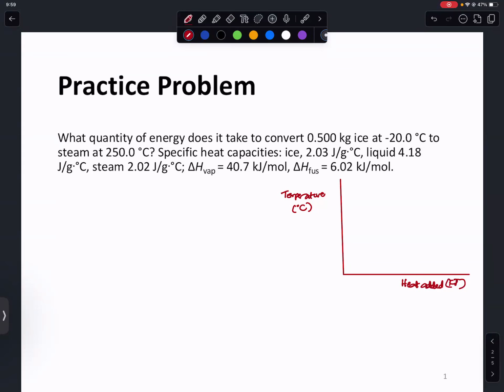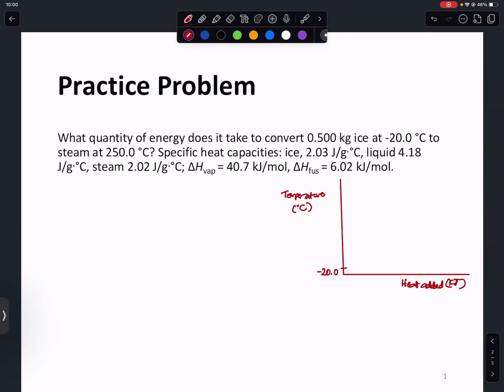Okay. And in this case, it says I am starting from negative 20. So, of course, this is not going to be drawn to scale, but I'm trying my best. So here is negative 20. And this substance here clearly is water.